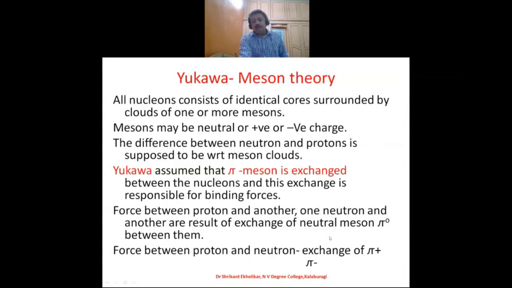Pi 0 means it is a neutral meson without any charge. The force between proton and neutron is because of pi plus and pi minus. From proton to neutron and neutron to proton, it is pi plus and pi minus. The force between proton and neutron is because of charged mesons.